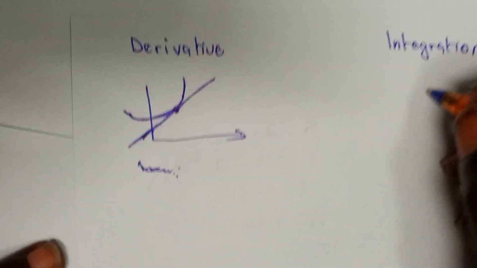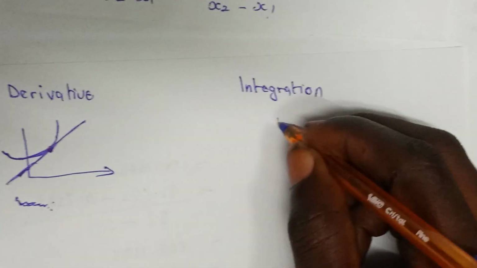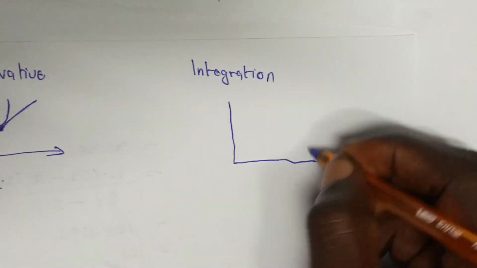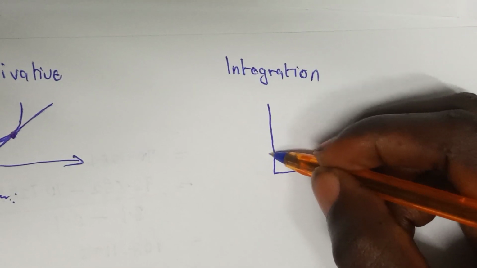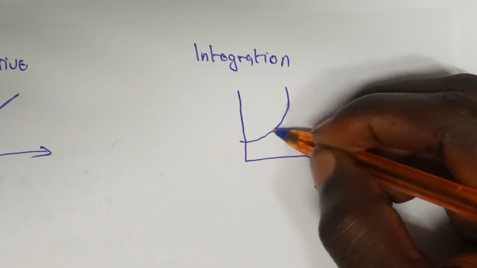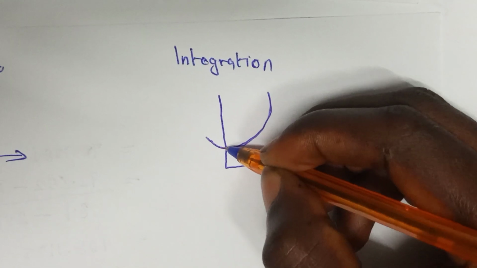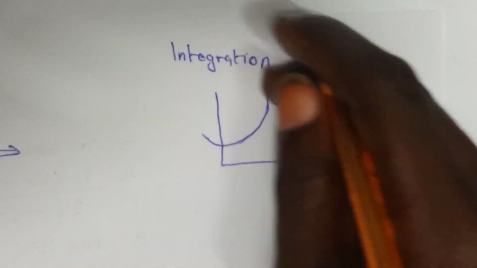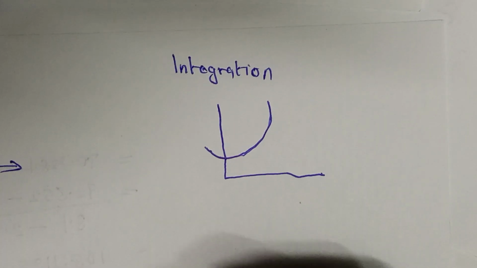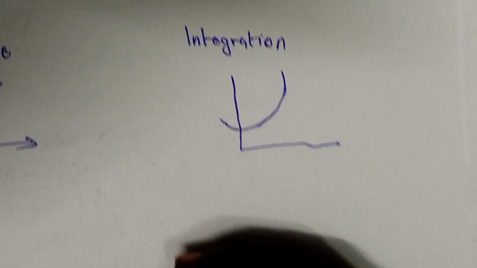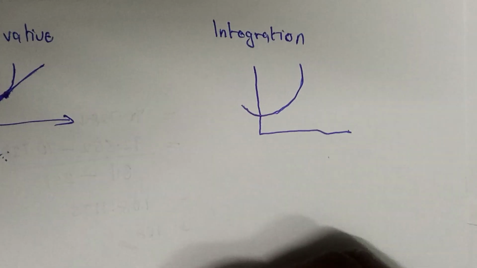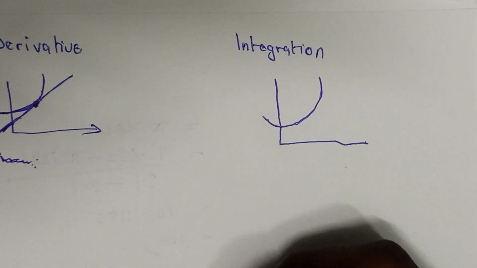Okay, let's talk about the graph of integration. Let's say we have a curve. We know that the integration calculates how much something accumulates over a period of time.